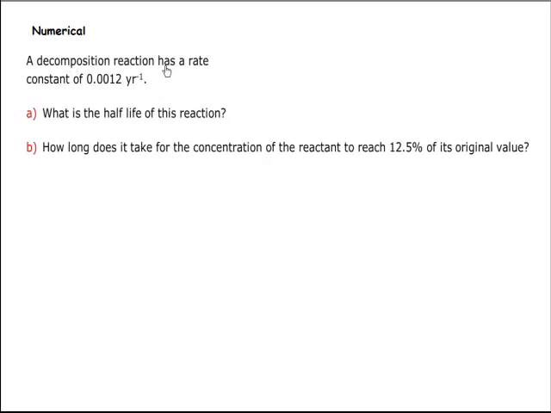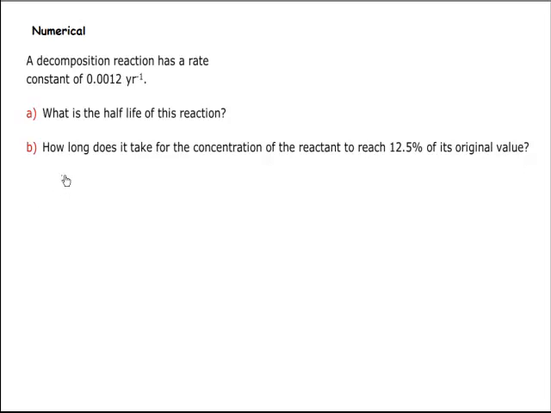A decomposition reaction has a rate constant of 0.0012 year inverse. What is the half-life of this reaction, and how long does it take for the concentration of the reactant to reach 12.5% of its original value?